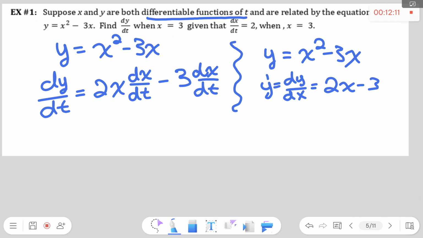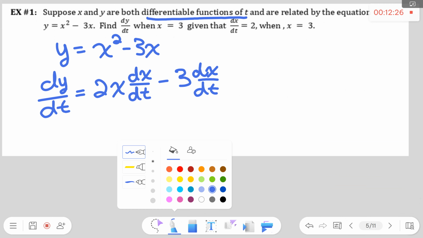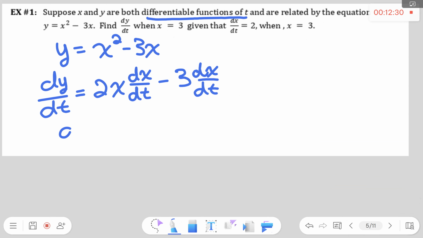Now, we already did the hard part, because we just need to evaluate now. Evaluate is the fancy word for plug and chug. We do have to be particular on how we annotate it, though. So dy/dt evaluated when x equals 3.